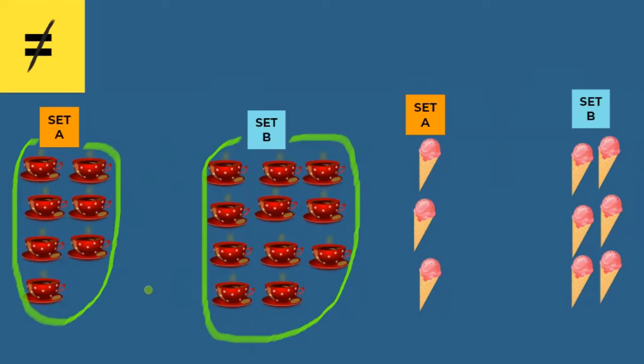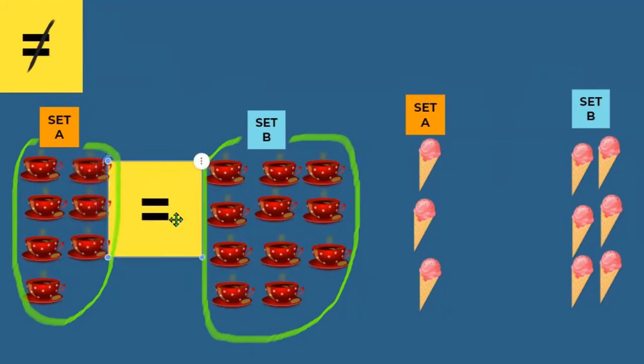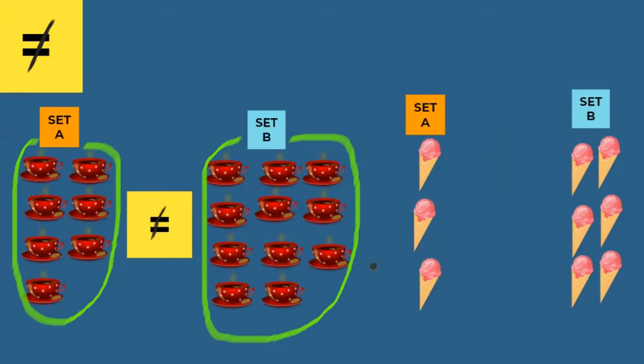So we will place between these two groups the not equal to sign. And that will tell us that 7 is not equal to 11.